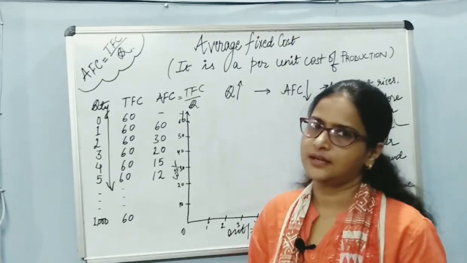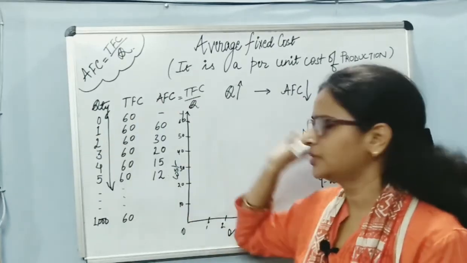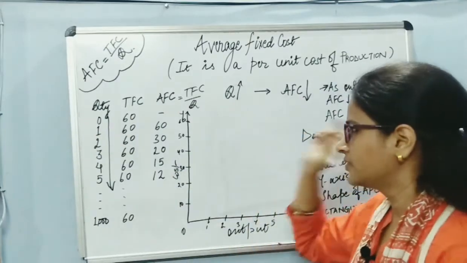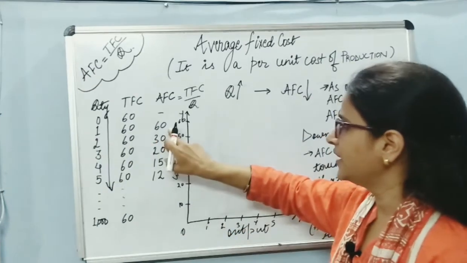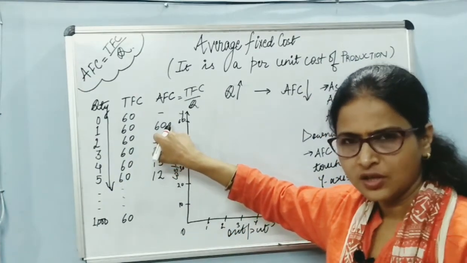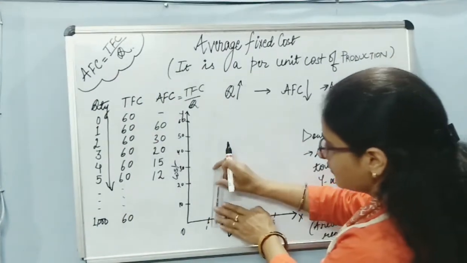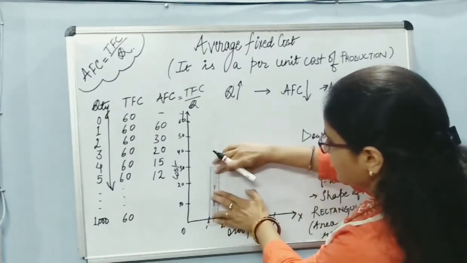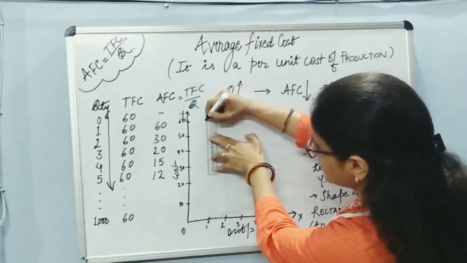Now see how to make the curve. When your output is 0, leave this. Start from 1. On 1 output, your AFC is 60. I just take a scale. You just see. On 1, your AFC is 60, so you have to put a point here.